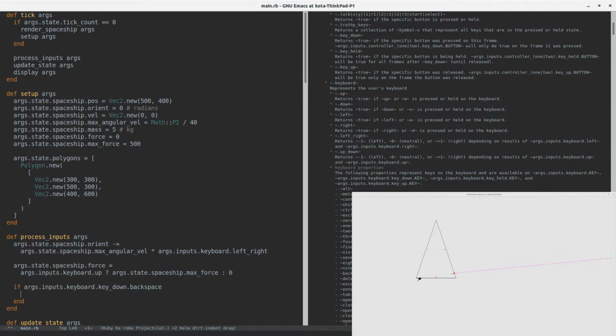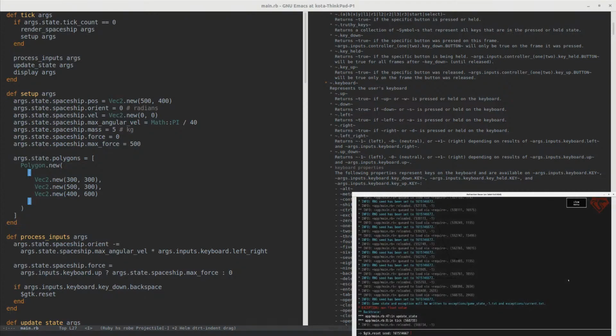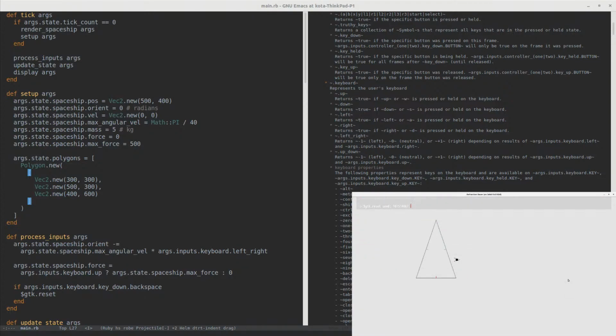Then we'll call gtk dot reset. And that way, usually it'll just go, and then if I hit backspace, it will reload. Did it reload?